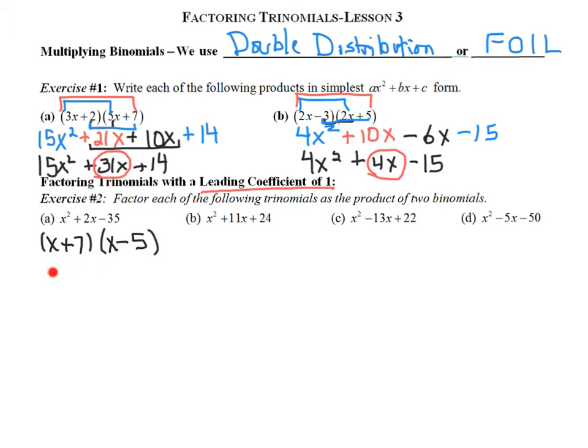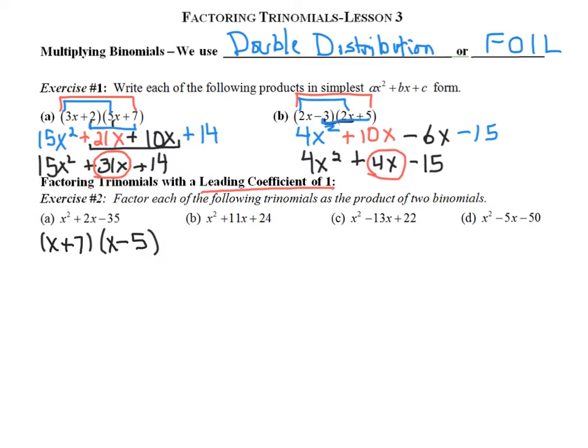But then when I do the outers and the inners, negative 5x plus 7x gives me that 2x in the middle. Notice that I can check every single answer that I do for factoring by just redistributing. Multiply those binomials together and see if we get back to the original trinomial.